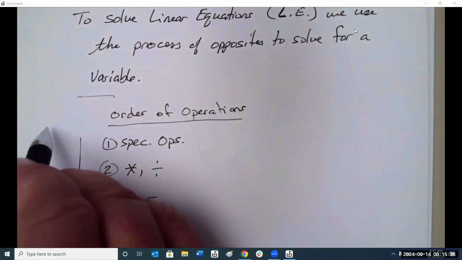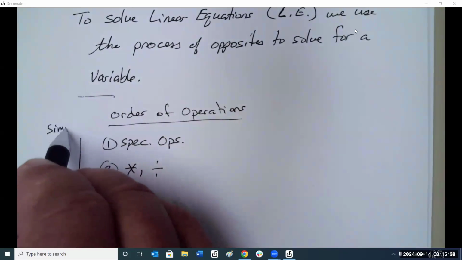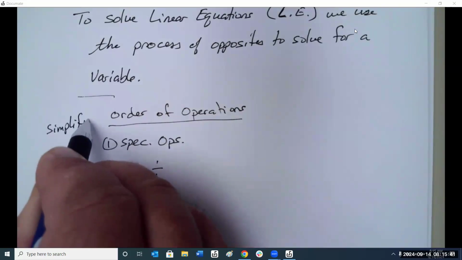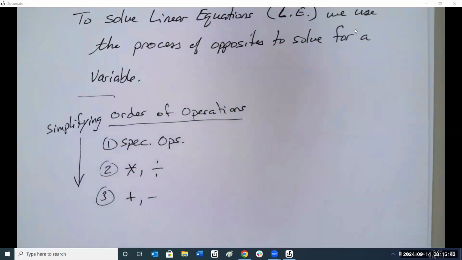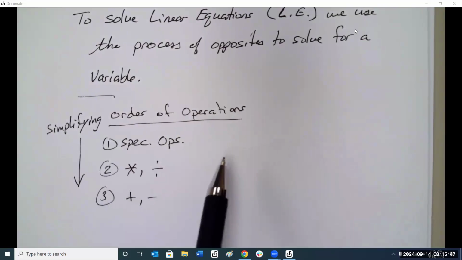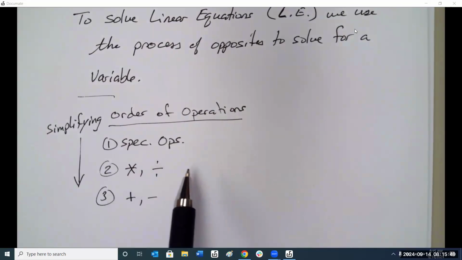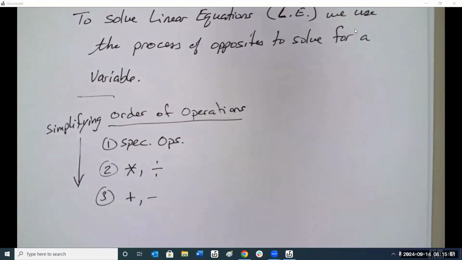That's when we're simplifying. You get rid of the parentheses first, the brackets, whatever. Then you do the multiplication division, then you get addition subtraction.